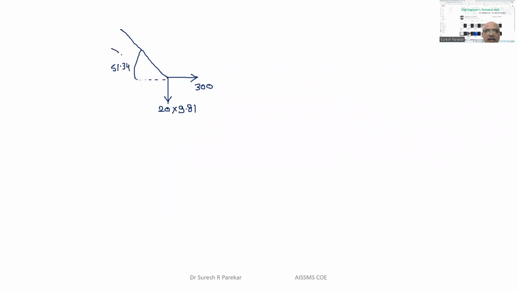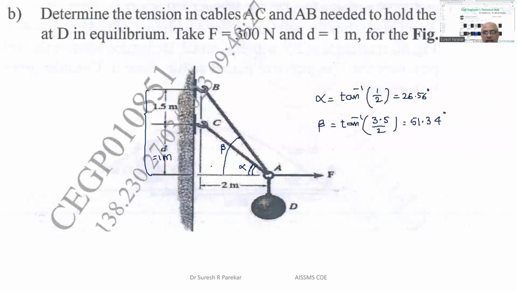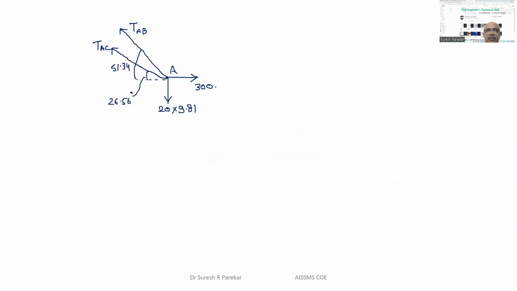And the second angle we have 26.56 degrees. Now this is TAB, and this is TAC. So joint we have A, first we have AC, the second we have AB.